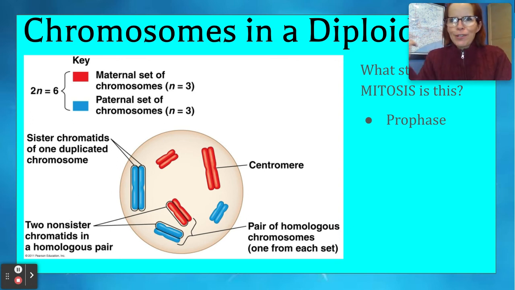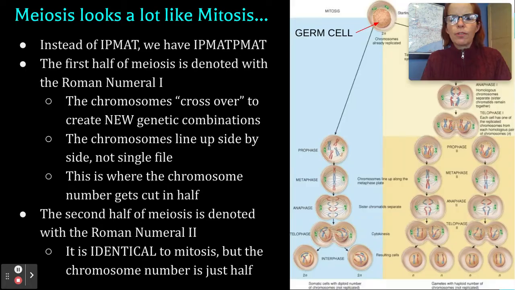If you're seeing it for the first time, you'll be like, what is she talking about? I know it's not Prophase One of meiosis because the homologous partners aren't standing with each other. So they don't stand in a line, they just partner up. It's called synapsis when they partner up so that they can cross over. If you're like, what is she talking about? It's going to come up in just a second. But this is a picture of prophase of mitosis, and you can see each of the chromosomes.